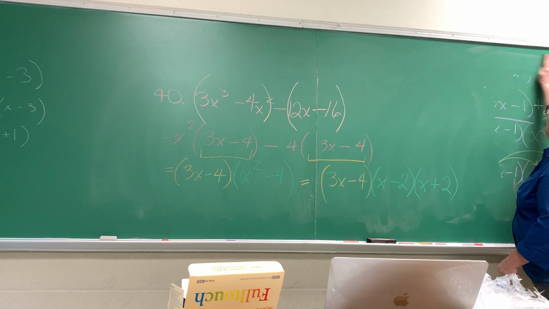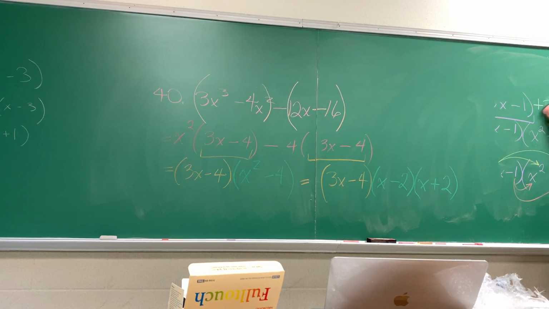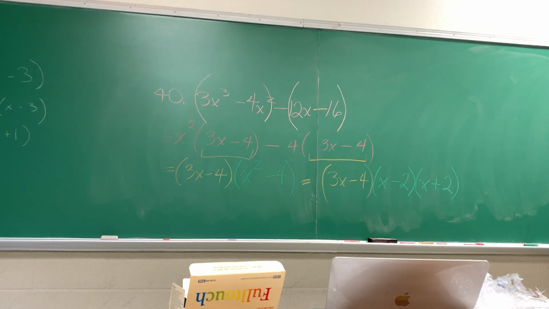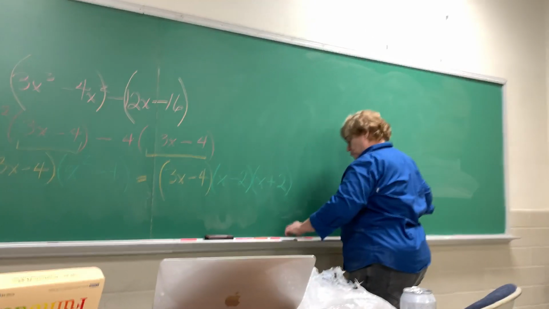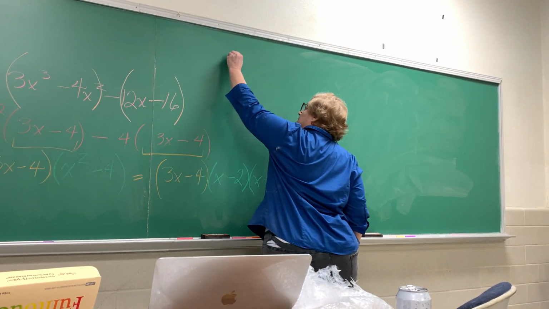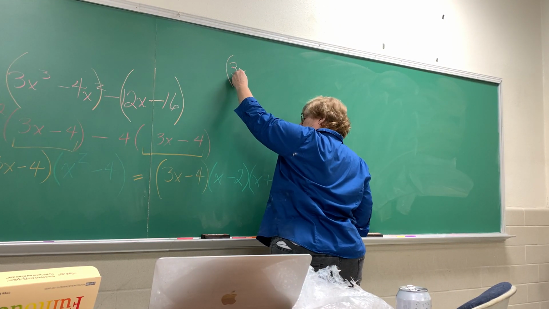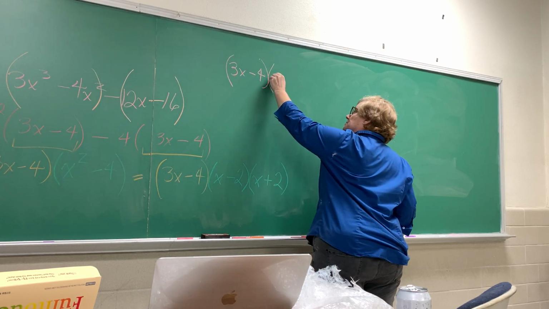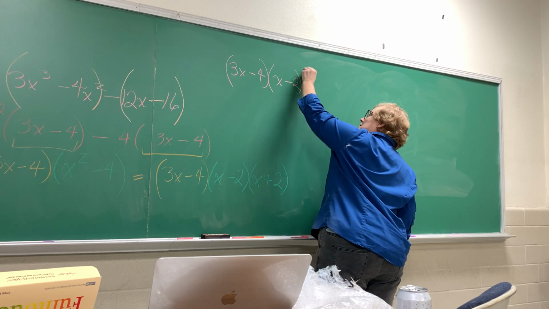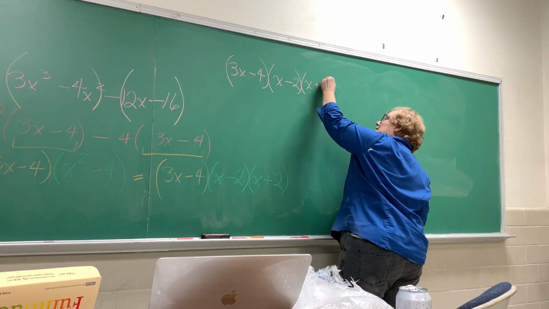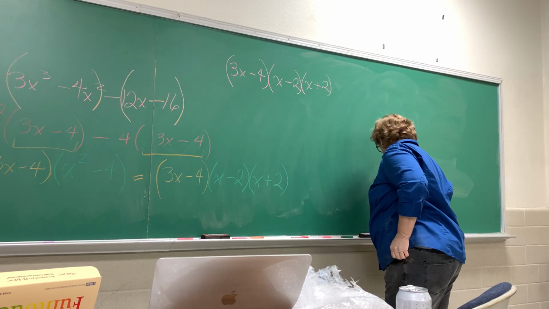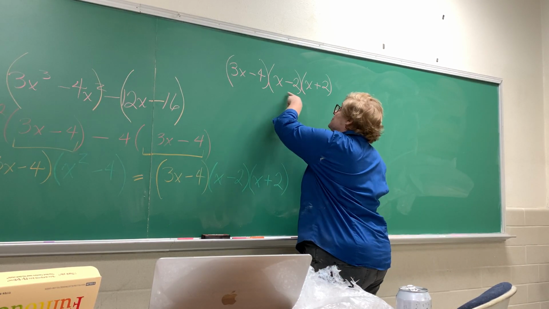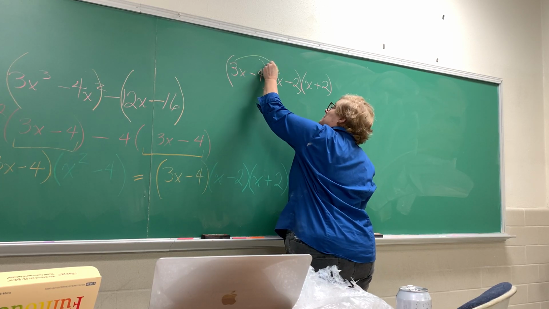Groovy? And because we just love algebra, let's multiply this out and check. So we have 3x minus 4 times x minus 2 times x plus 2. And let's start out by multiplying the first two factors together.